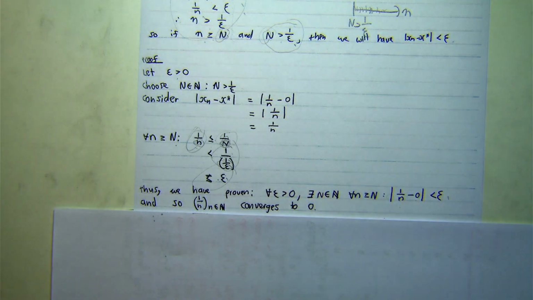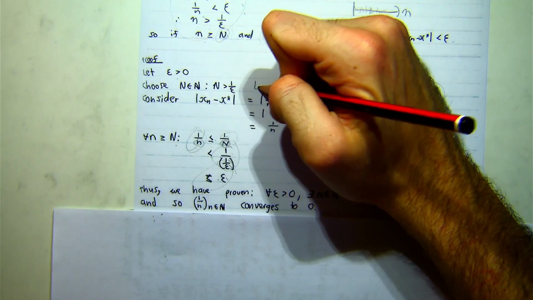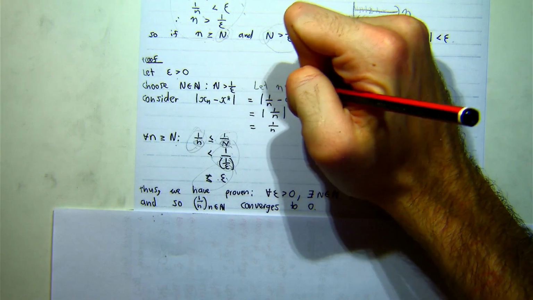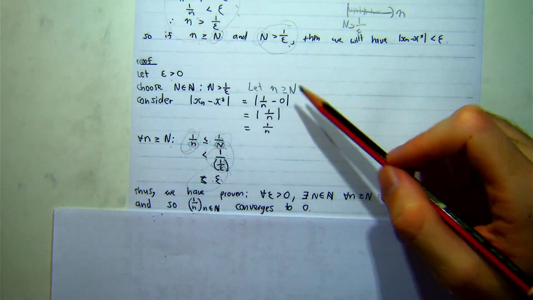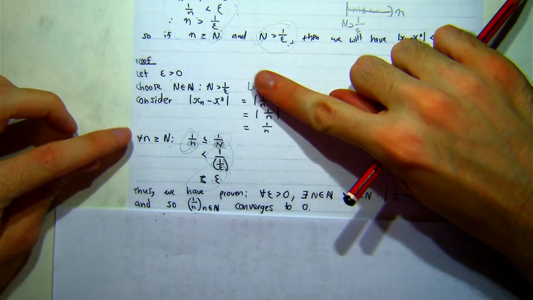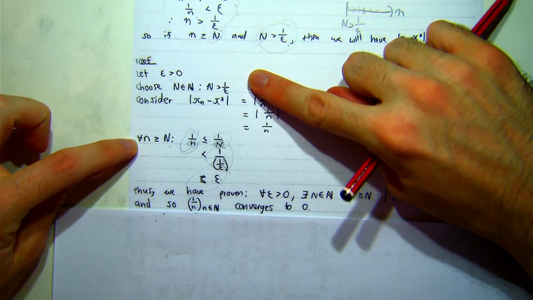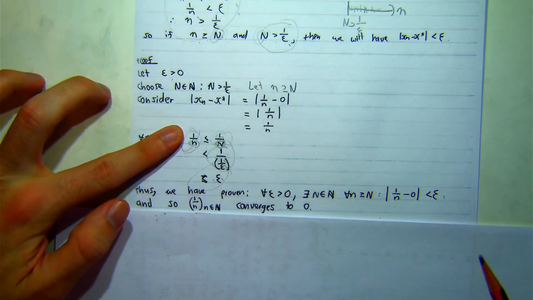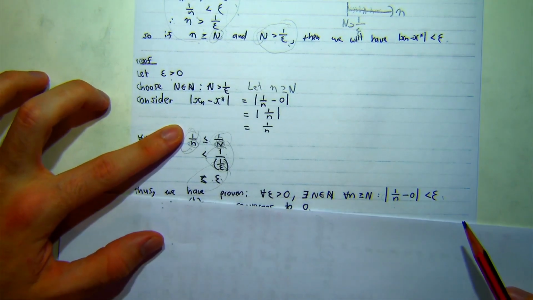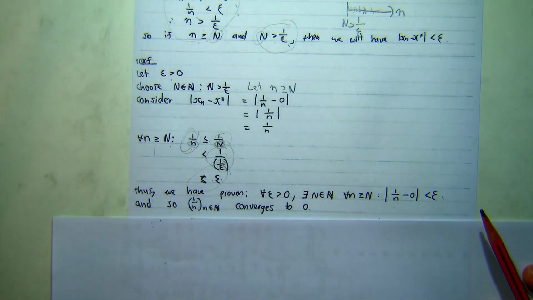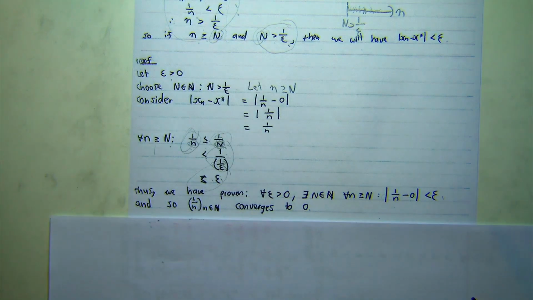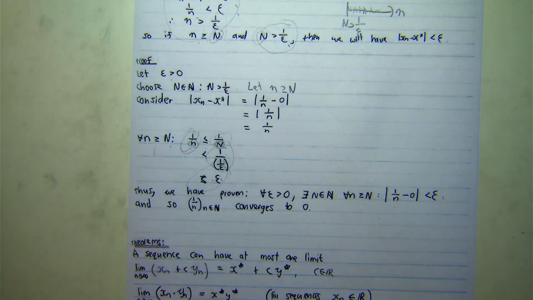I might just amend this and also say let n be greater or equal to big N. It's fine without it because I'm just discussing for all n being greater or equal to big N, but you could get rid of this and then just have let n be greater or equal to N, just a stylistic way of writing out the proof. It's not a big deal. Regardless, we've shown that this definition of the sequence holds, and thus we've actually proven it rigorously.